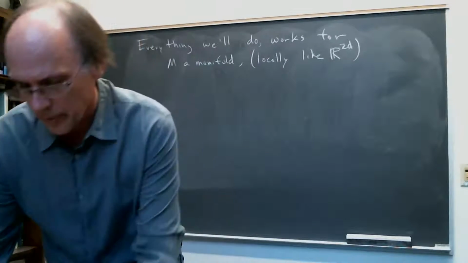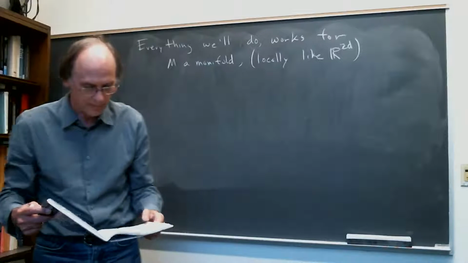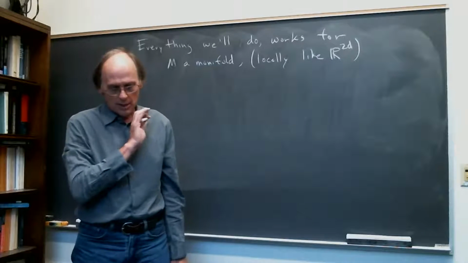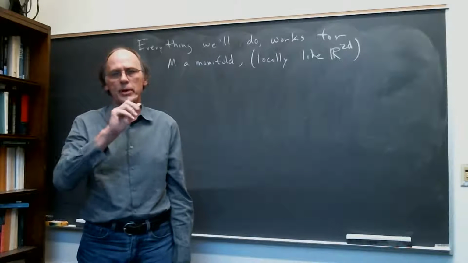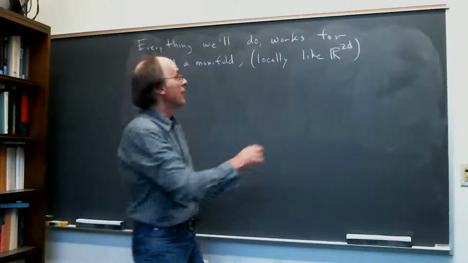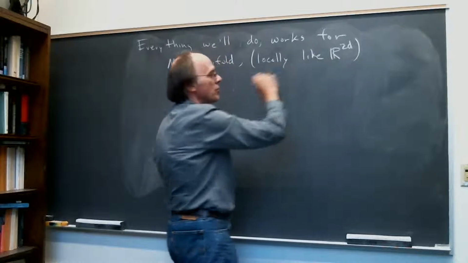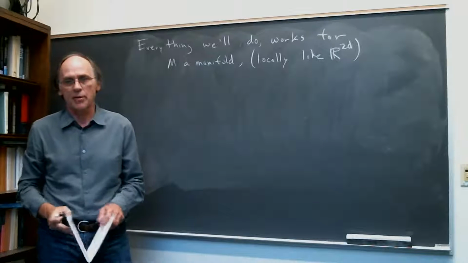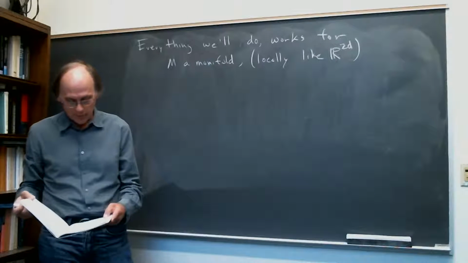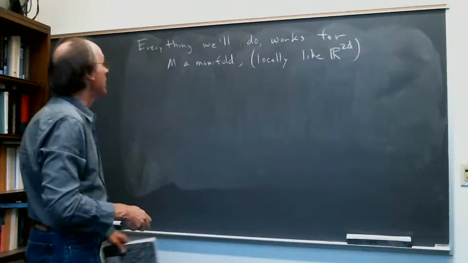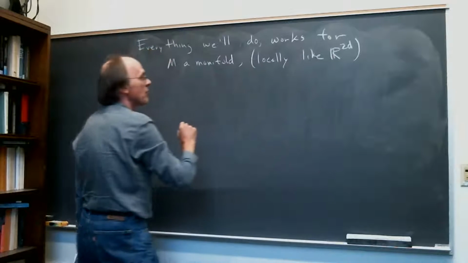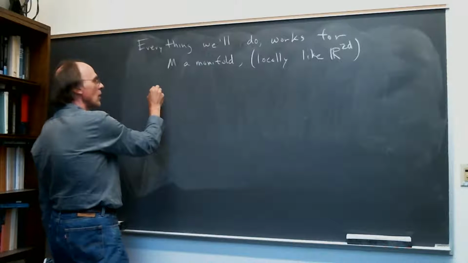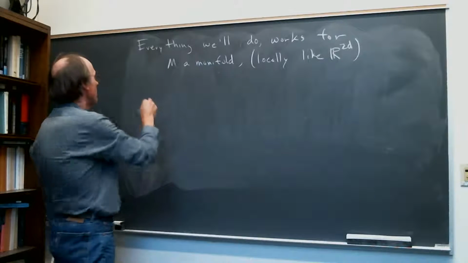I'm trying to say things in a way which is quite concrete on R^2D, but also easily carries over to a general manifold if you study geometry. In general, it's the same idea. So this is an idea from geometry, locally.